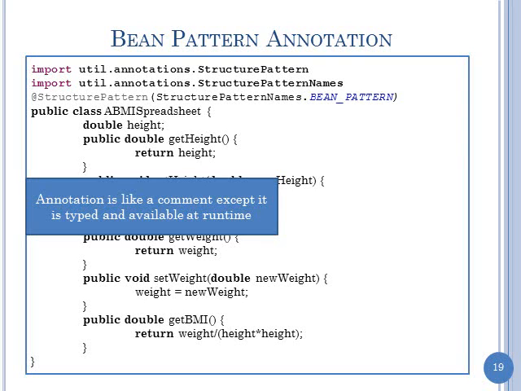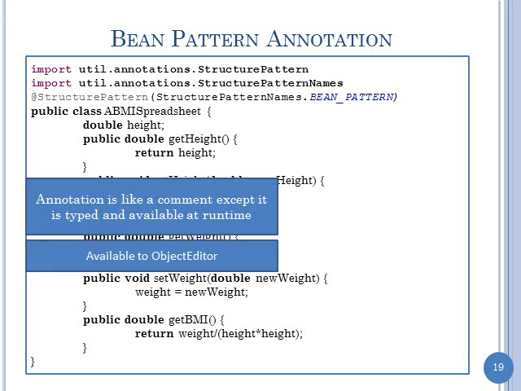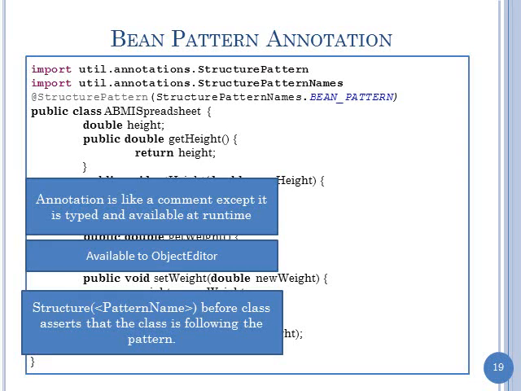And so it's a comment that is accessible to a tool, and it's accessible to a tool at runtime, at execution time. Okay, it's not just accessible to a compiler. It's accessible to also some other object that's trying to understand what you're doing. Okay? That means it's available to object editor.